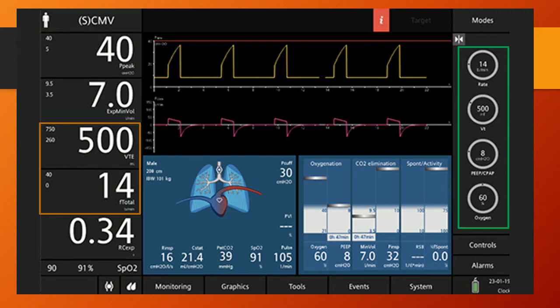Now, if you look over here on the left side of this screen, in this orange box at the top, it's saying they're getting 500 milliliters of air with their breath, which makes sense. They're getting at least that minimum. So they are just breathing right at that minimum. Again, down below it says 14.